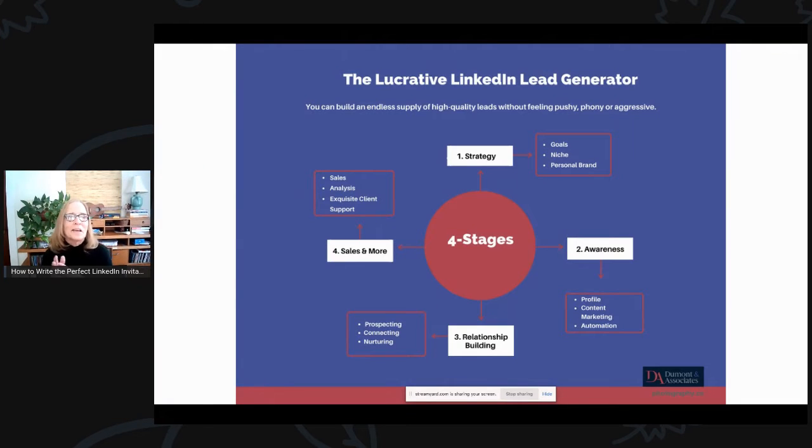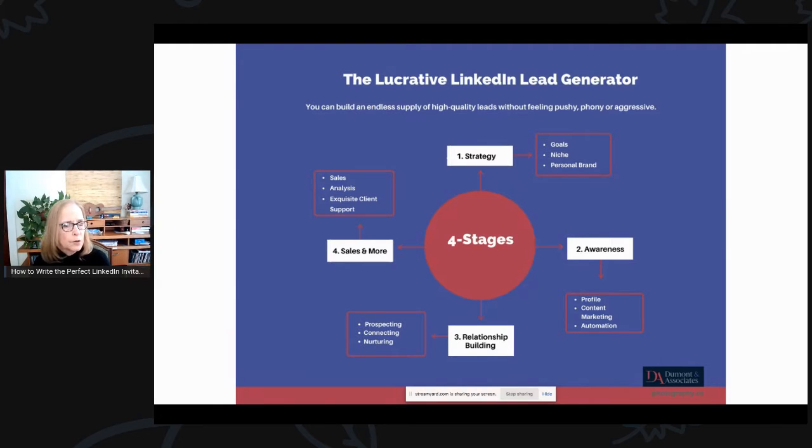Okay, the lucrative LinkedIn lead generator. I am not going to go through the entire generator for you today. Those of you who have been with me know this model, but I just want to briefly mention that there are 4 stages.